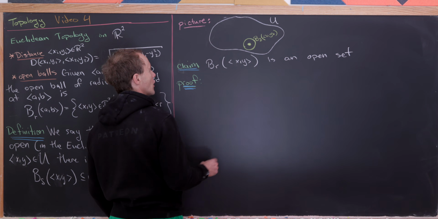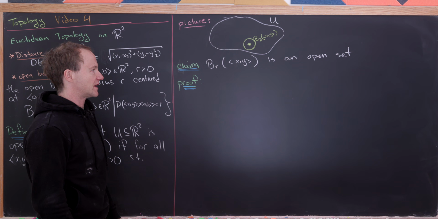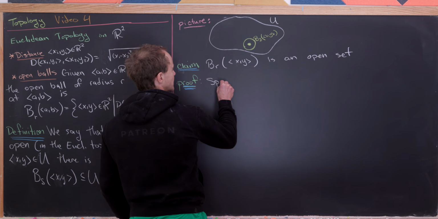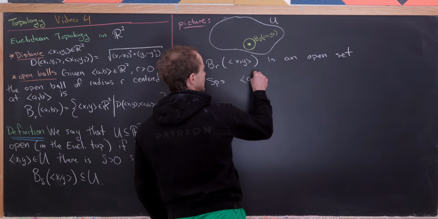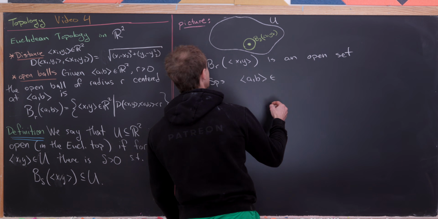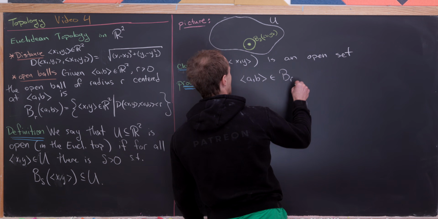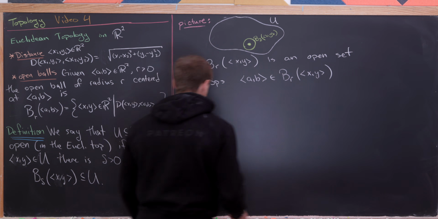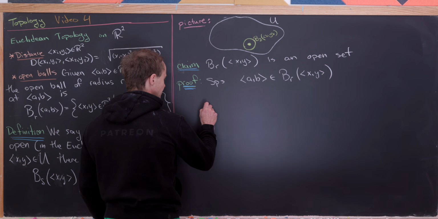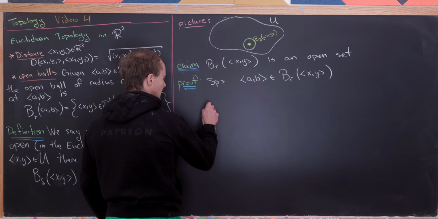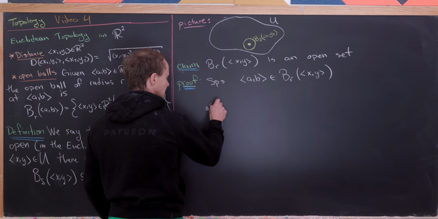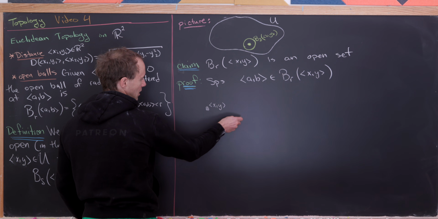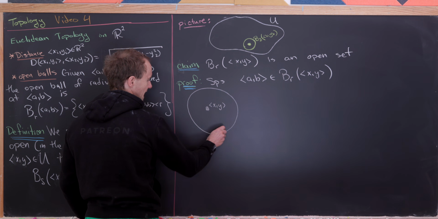We'll take the open ball to be the ball of radius r centered at ⟨x, y⟩. Now let's suppose that ⟨a, b⟩ is inside of our ball of radius r centered at ⟨x, y⟩. Let's see if we can get a picture going. Let's say this is our point ⟨x, y⟩, and what we want is the ball of radius r with that center.